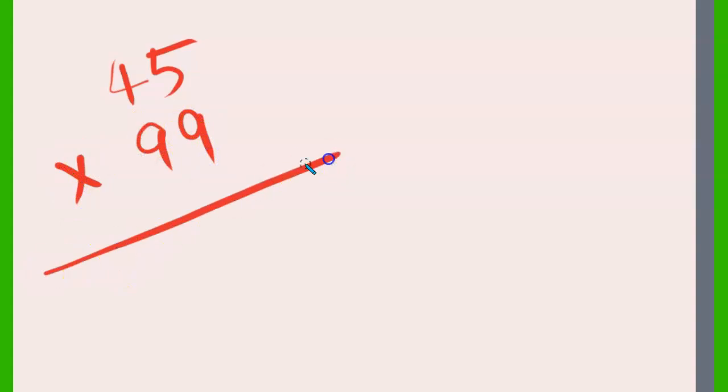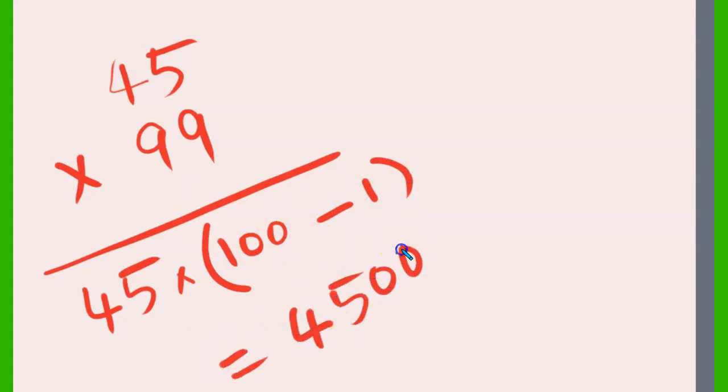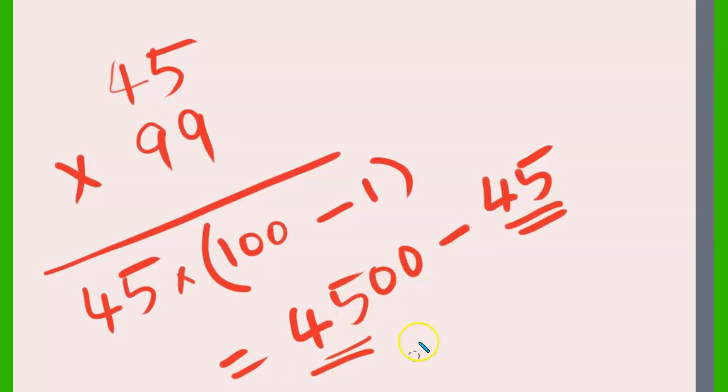So if I say the number is 45 and I want to multiply with 99, you can express this as algebraic rule number 1, 45 times 100 minus 1. And so this is actually 4500 minus 45. And so you can see that 45 is subtracted from 4500, which you end up with 4455.